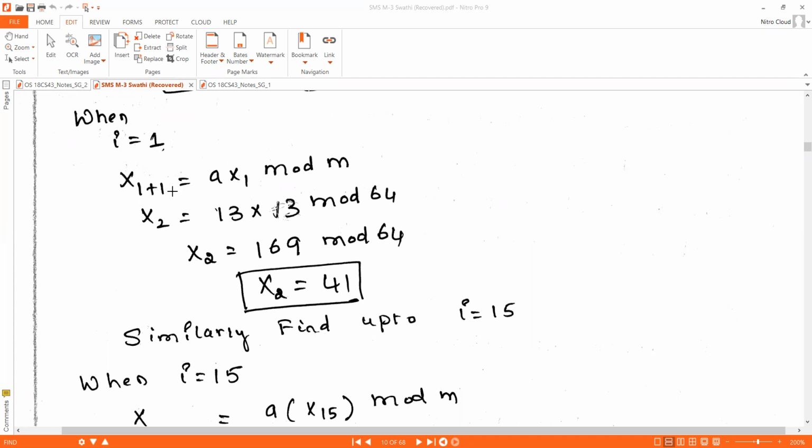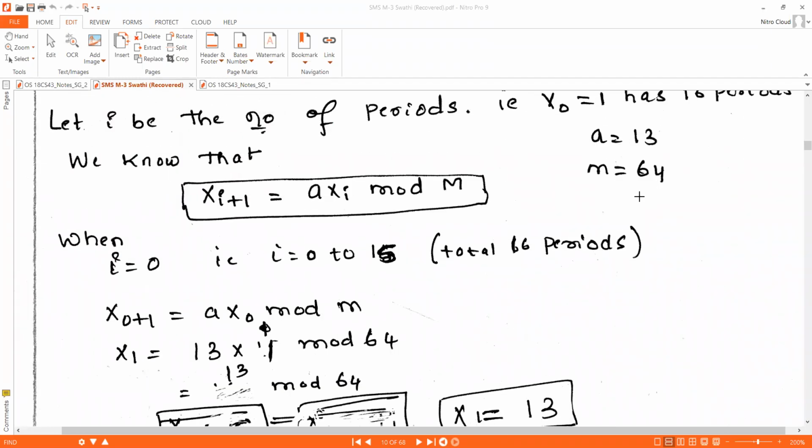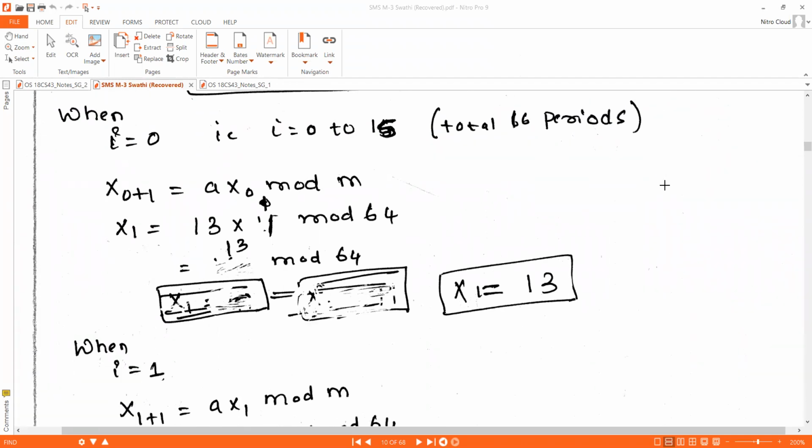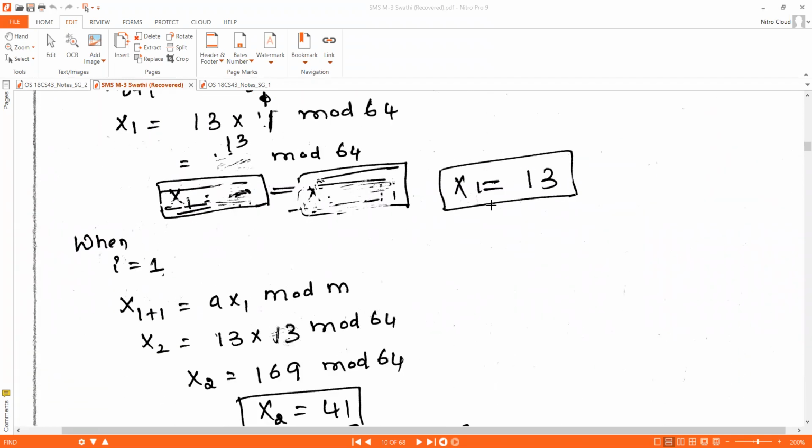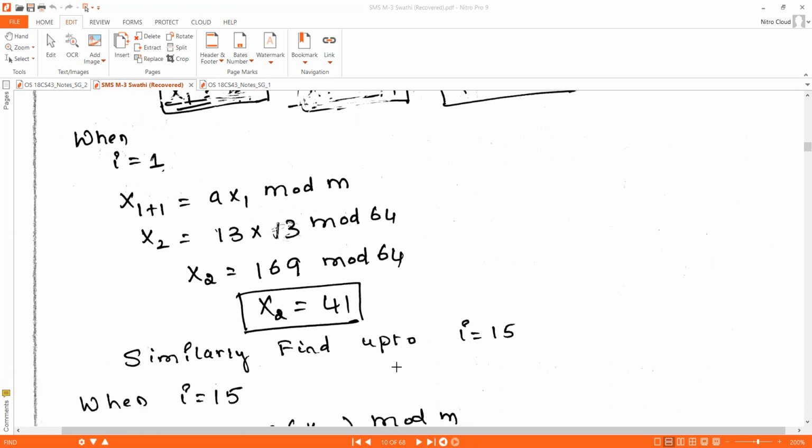We get x1 plus 1, that is x2, equal to a into x1 mod m. The a value is given as 13, m is given as 64, and the x1 value we calculated is 13. So 13 into 13 is 169, and 169 mod 64 gives 41. So the x2 value is 41.